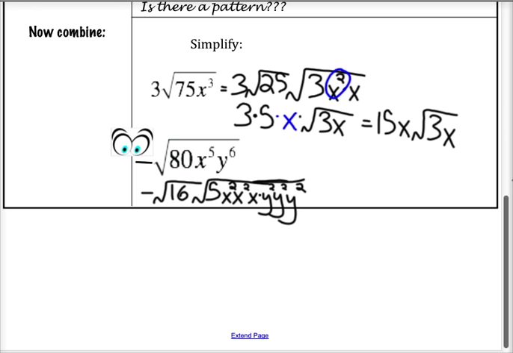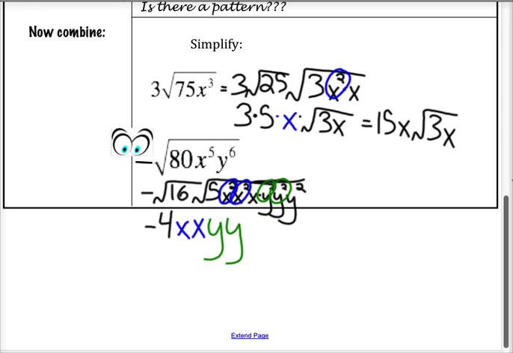And now I'm going to start simplifying this. So I have negative 4 because of that square root of 16. Now for my x's, that x squared pulls out as an x. That x squared pulls out as an x. That y squared pulls out as a y.